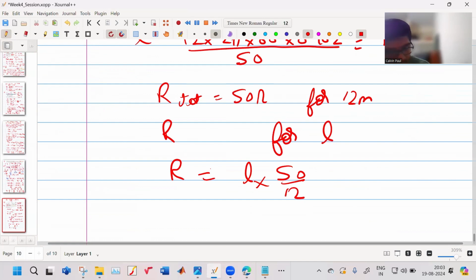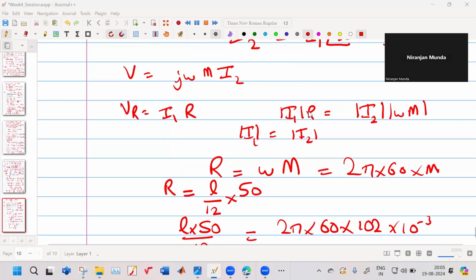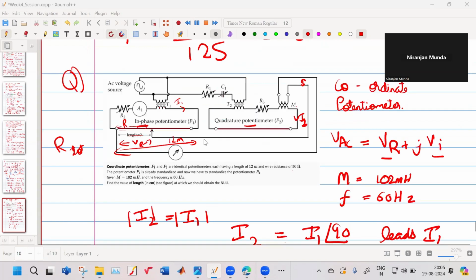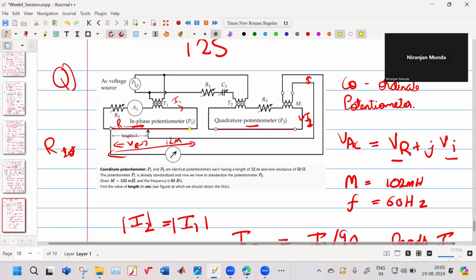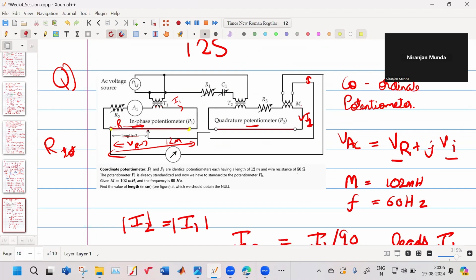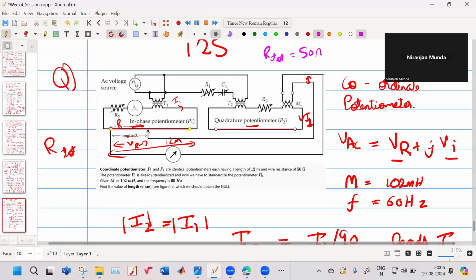Because the total resistance is 50 ohm, but that is for 12 meter. What I want to say is that the total resistance from here to here is 50 ohm, but this R is just a small part of it.